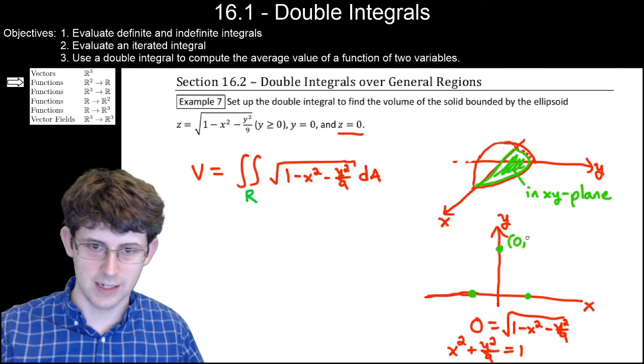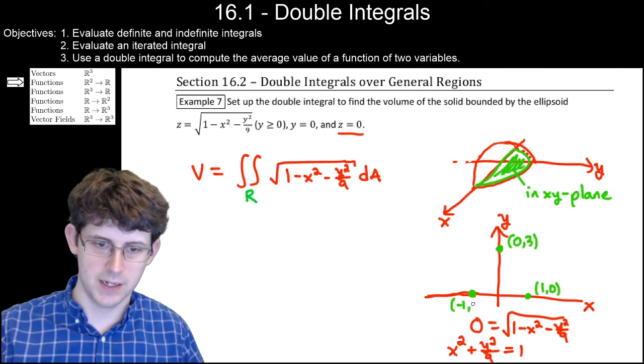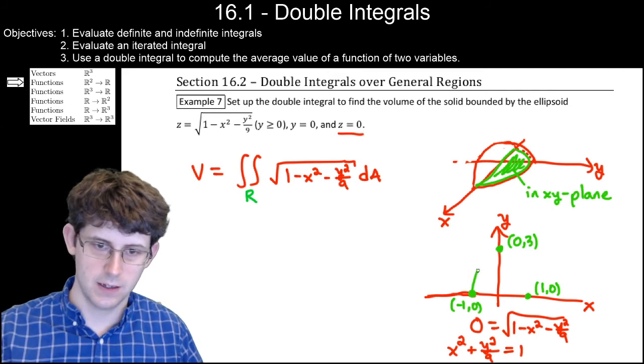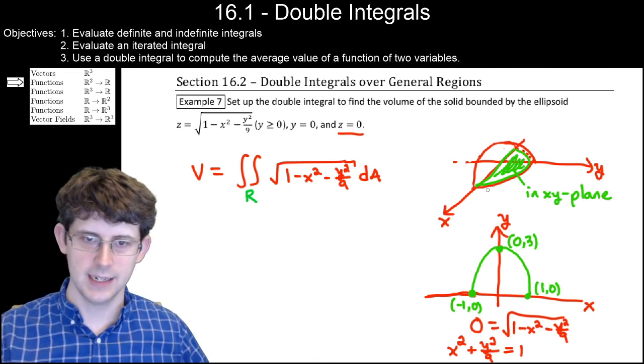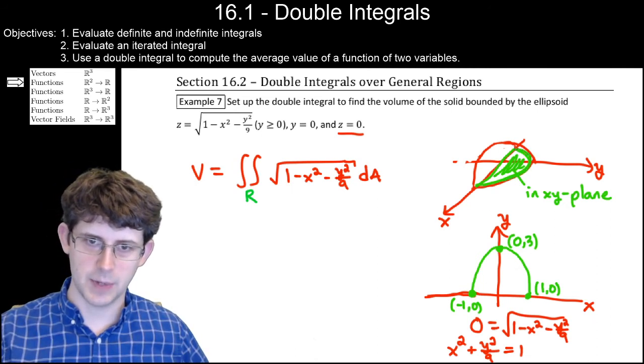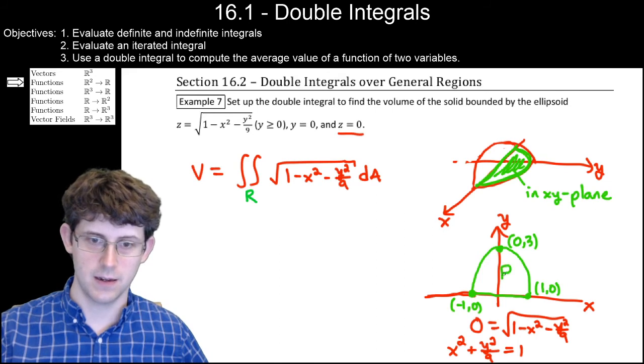So we'll be up here at 0, 3, 1, 0, and minus 1, 0. So here's our ellipse. That ellipse there is this curvy part, and this flat part is this flat part. This region is the region R.